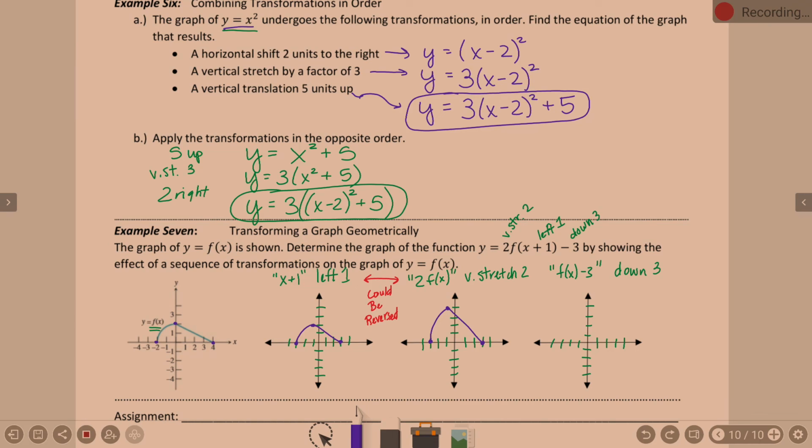If I move that down 3, where am I at? Negative 3, negative 3. I did have a point at negative 1, 4. Where is that? Negative 1, 1. I did have a point at 3, 0. Where is down 3 from that? 3, negative 3. It should look the same size as the last one, just shifted down.